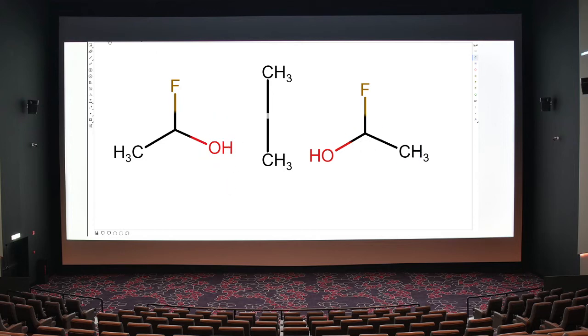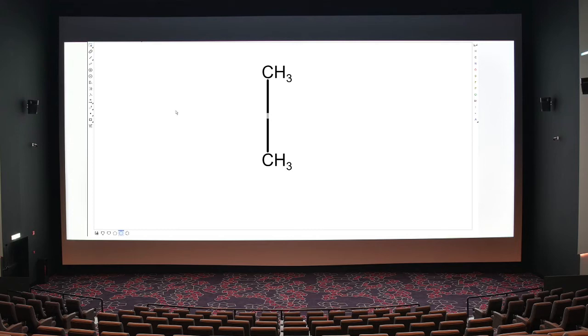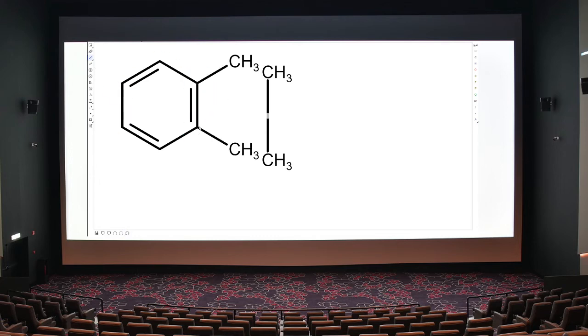Okay, so what if I have a more complicated molecule? It's the same principle. Let's try something like this. We're going to use benzene, and then I'm going to put one group here, one group here, and I'll put an oxygen here. Now what do I do if I want to make the enantiomer of this compound?